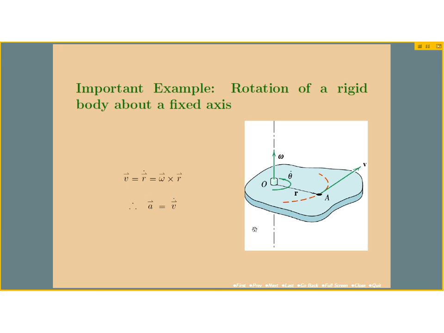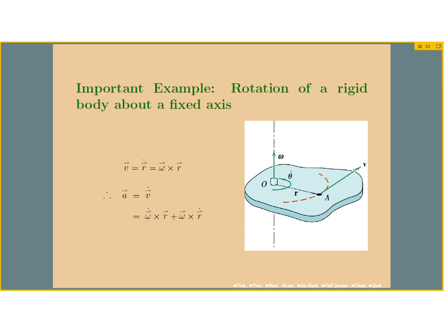We can next look at the question, what is the acceleration of this point A? Now, the acceleration of point A will simply be the first time derivative of the velocity of point A. So it will be v dot. And if we now substitute our definition of v as omega cross r into this, we see that we have the time derivative of a cross product.